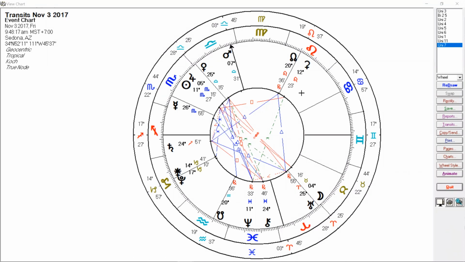Okay, so these are accurate definitions of the energy of Scorpio and the Sun principle, soul growth through an exchange of resources.